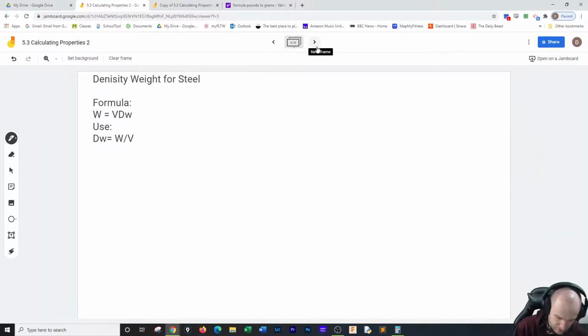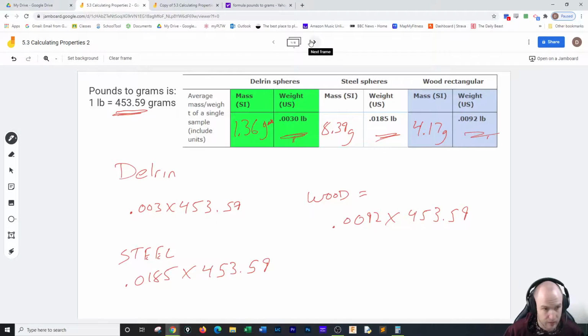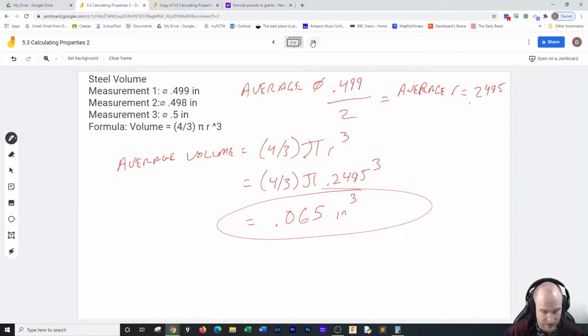It is exactly the same for all of these, so it's going to be density weight equals weight divided by volume. Once again I have to strike through the pages, and I'm writing it down on my tablet, so when we get back to the page it'll be there. So density weight equals 0.0185 pounds and 0.065 inches cubed.